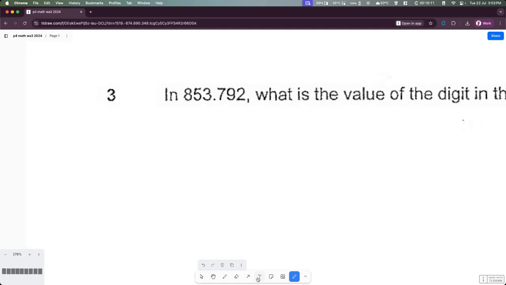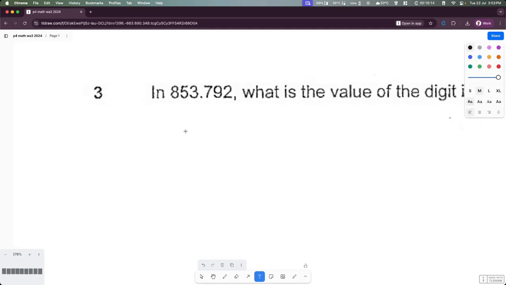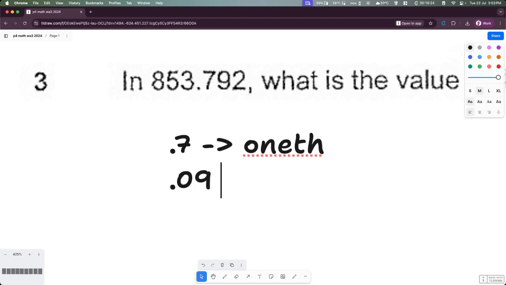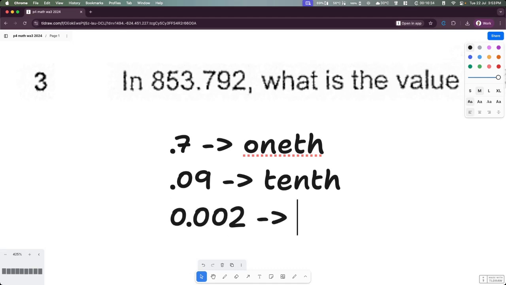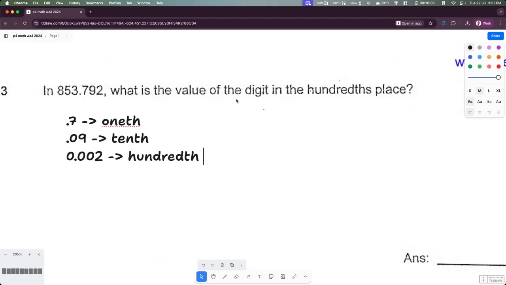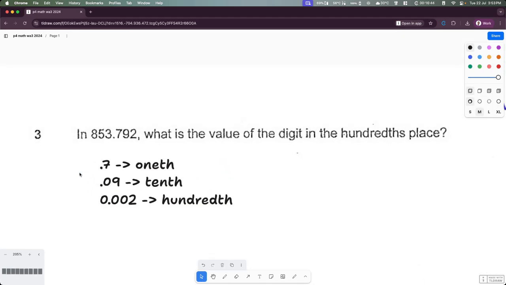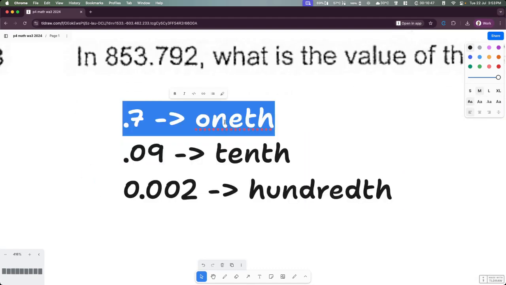So I think you might have heard me earlier saying the common mistake that students will say that, oh yeah, 0.7 is the oneths place, then 0.09 is the tenths place, and then 0.002 is the hundredths place. So therefore, they say that since 0.002 is the hundredths place, that means this is the answer, which in fact it's not, because there's no such thing as oneths place, right?